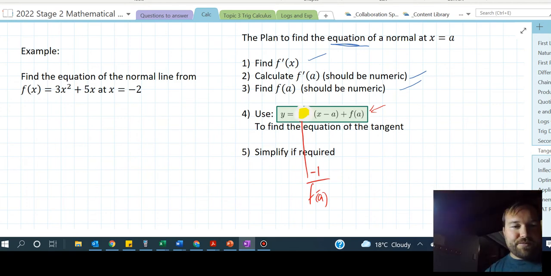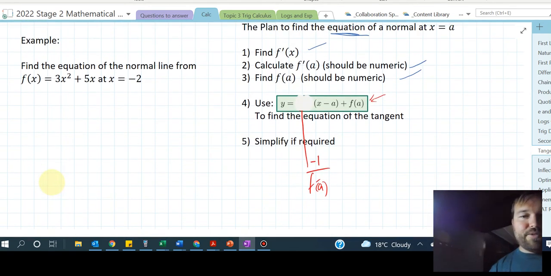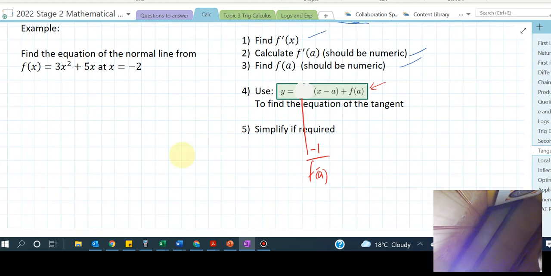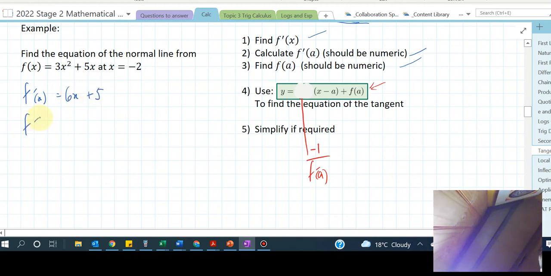All right, so let's do it. Find f dash x. So f dash x is 6x plus 5. Easy. F dash a is, well, 6 lots of minus 2 is minus 12, plus 5 is negative 7.